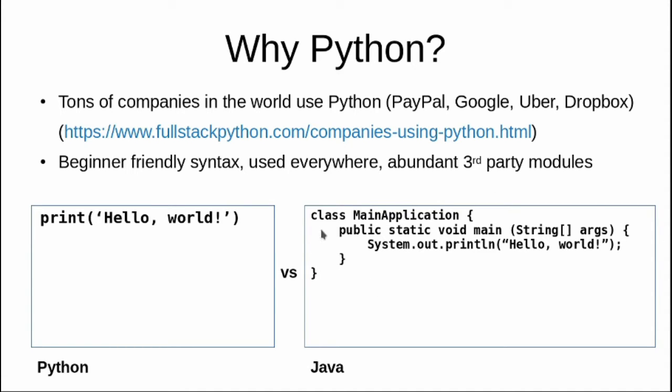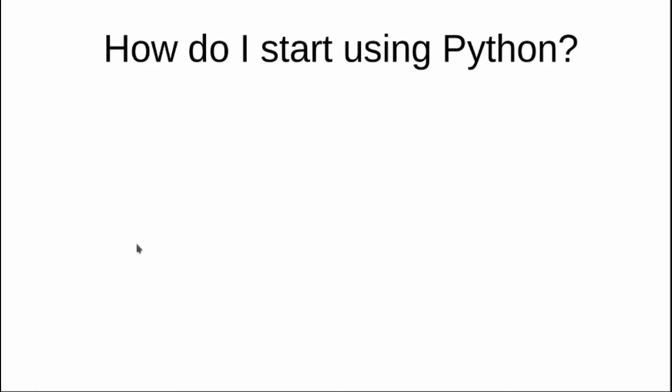For example, the class syntax, and then you'll have to understand this public, static, void, and main. What does that mean? And then the syntax is really verbose, like system.out.println, in contrast to Python, which is just print. It's really simple.